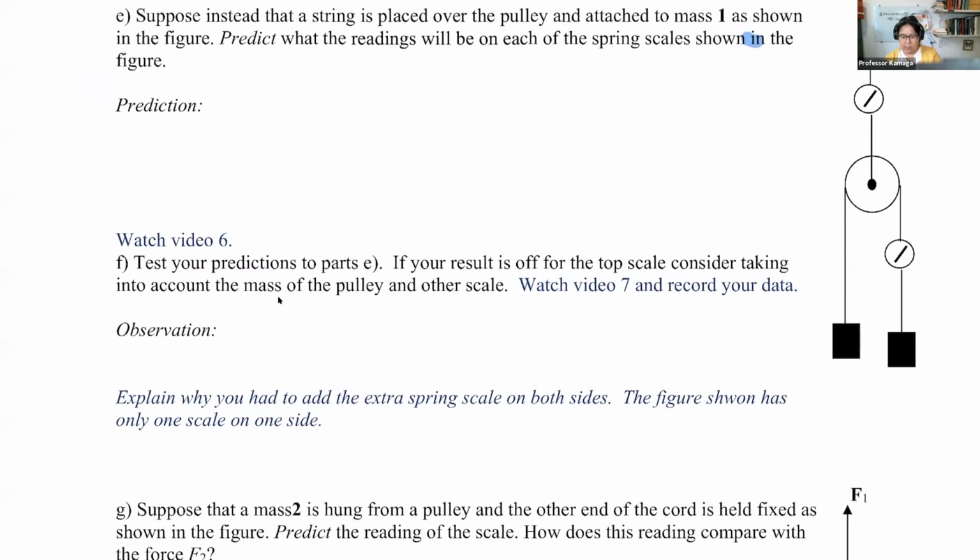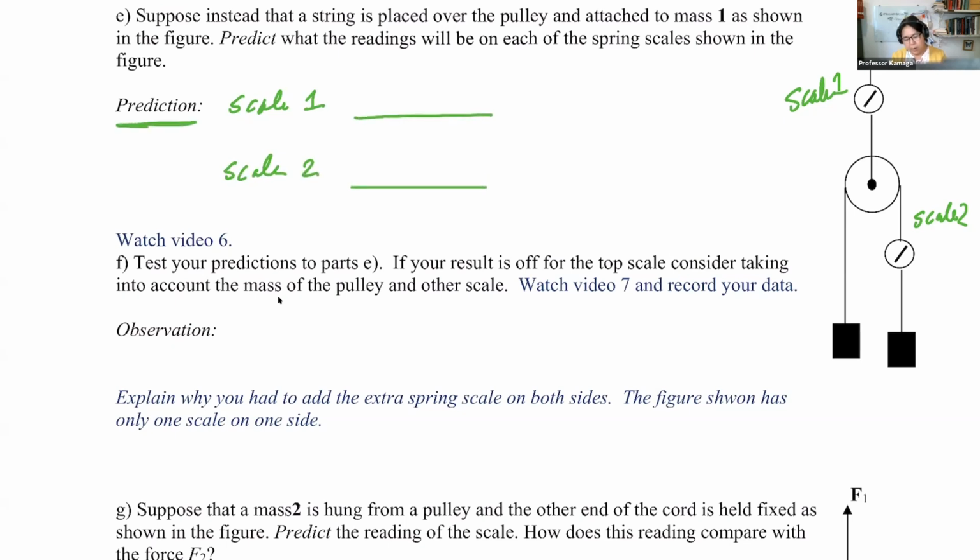So you're going to see, what's this? Let's see. This is going to be scale 1, scale 2. So what would scale 1 read? What should scale 2 read?